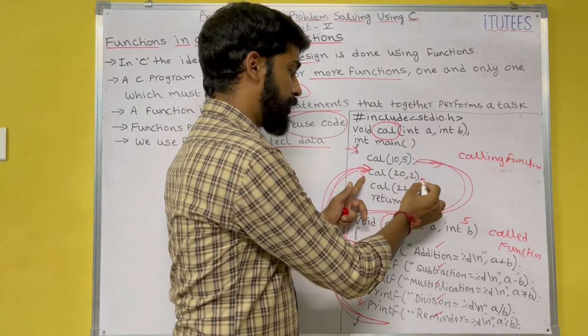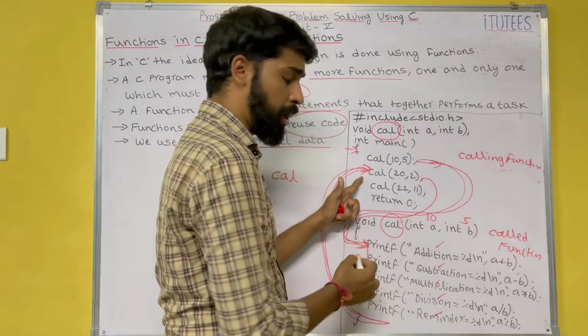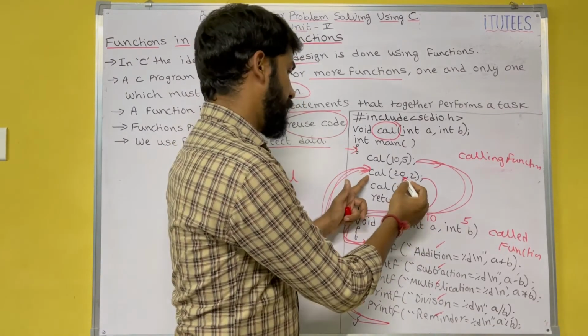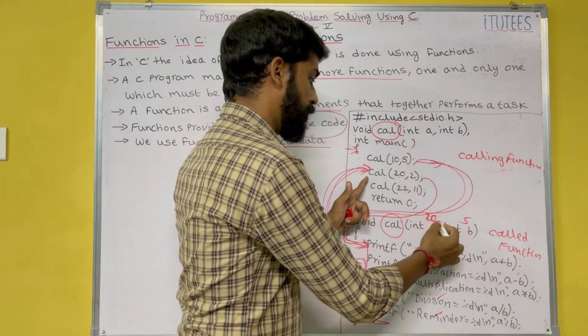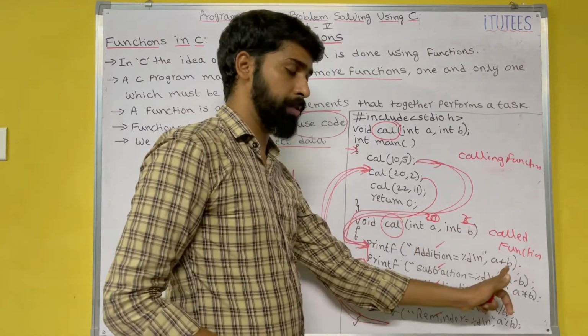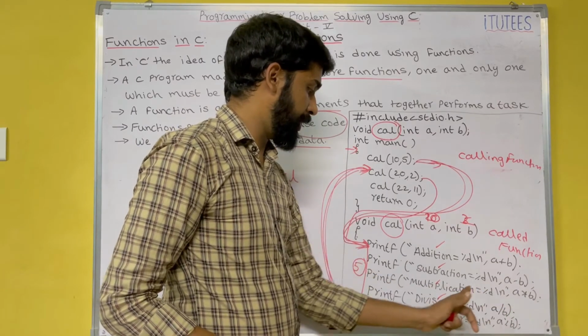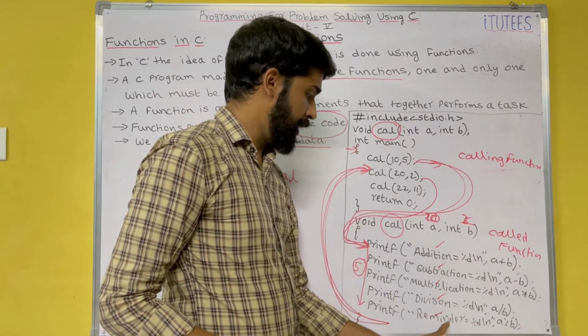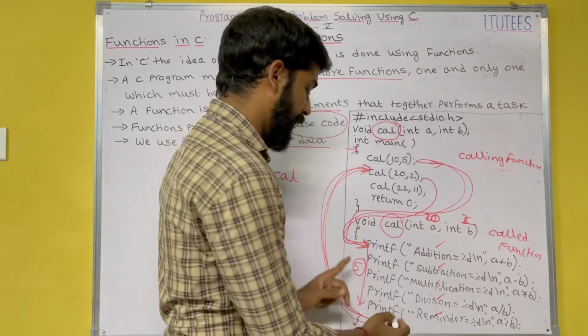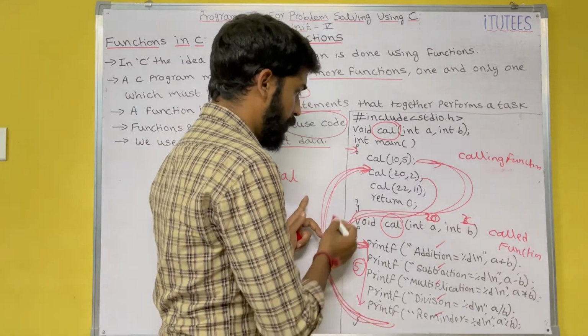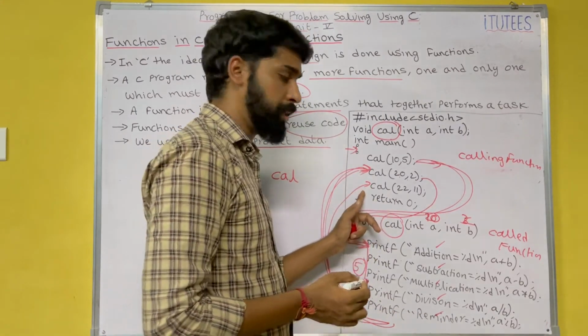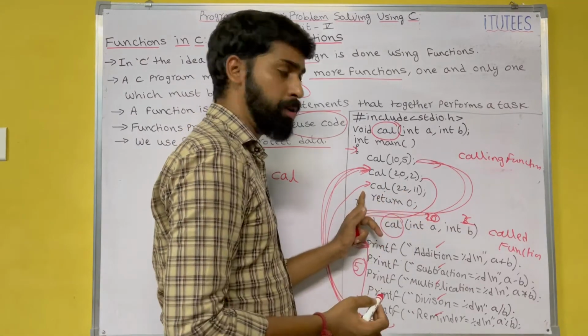Again it is a function call, and again it moves to the cal function. So what are the a value and b value? 22 and 4. Again addition 22, subtraction 18, multiplication 40, division 10, remainder 0. We complete all the instructions and the control goes to the calling function. Again cal 22, 11.